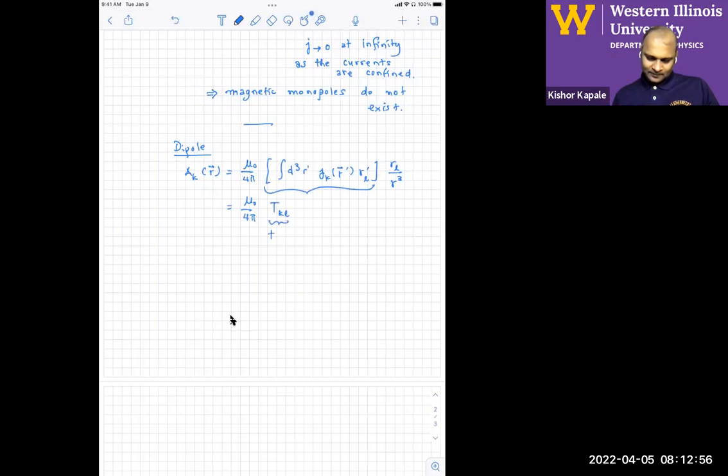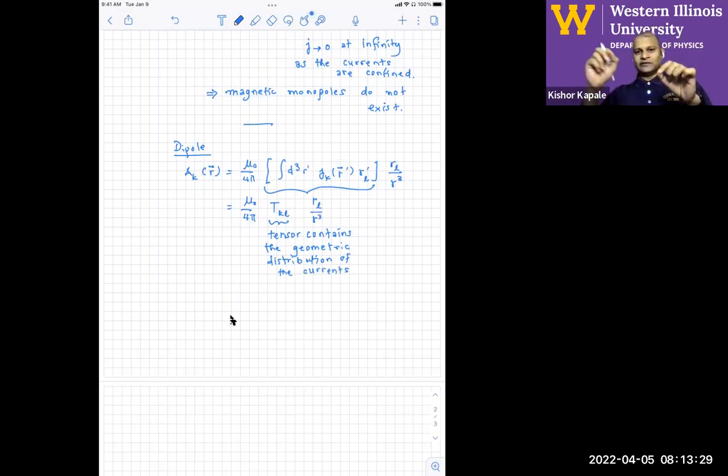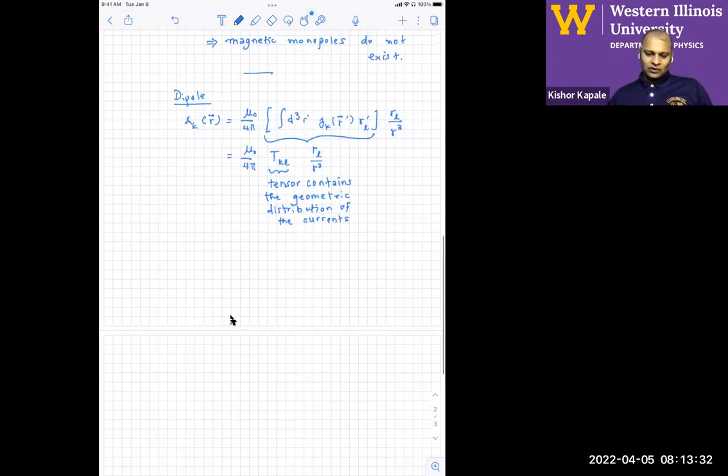So this tensor contains the geometric distribution of the currents, and then you of course have r_l over r cubed, which is just the position of the observation point. So almost always in E&M, you have to look at the sources and the observation point, right?